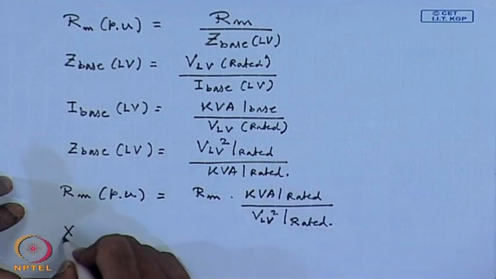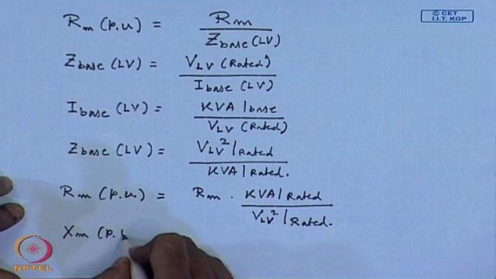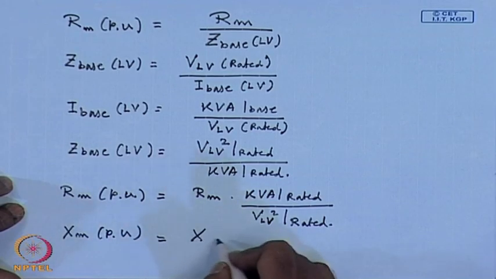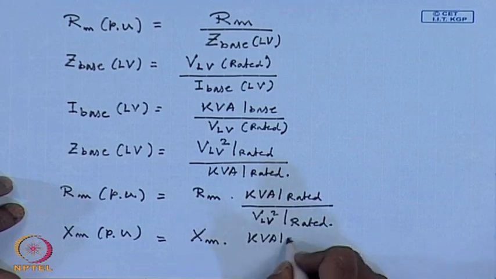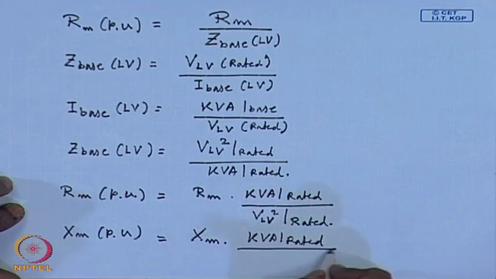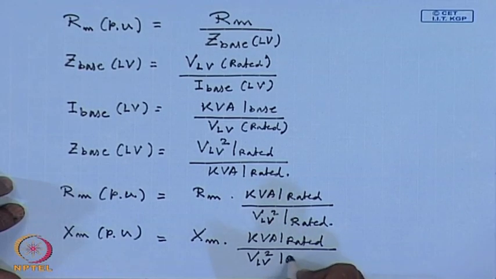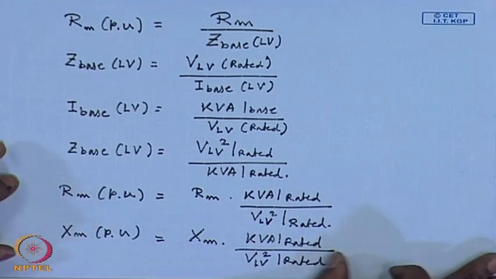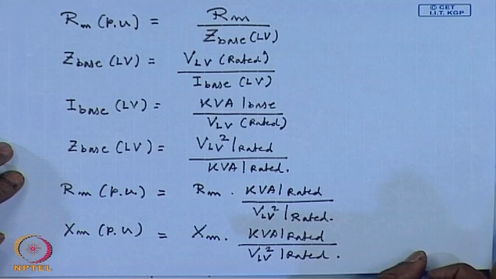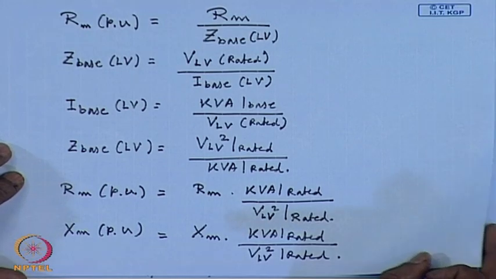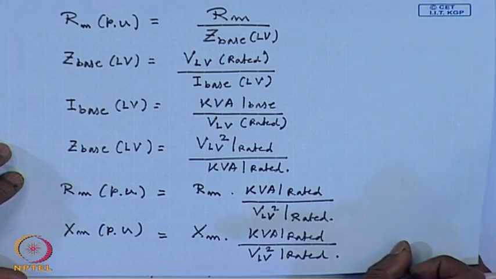Similarly, Xm per unit will be Xm into rated kVA of the transformer divided by V LV square rated. So, thus we can find out the actual shunt branch parameters of the transformer referred to the LV side and convert them to per unit parameters with LV side base quantities.